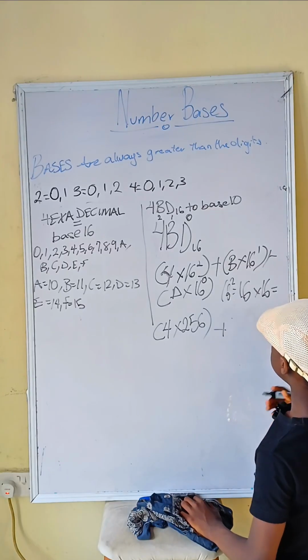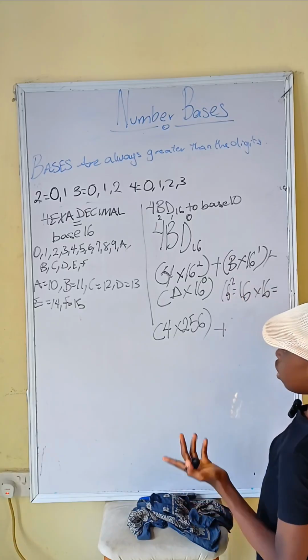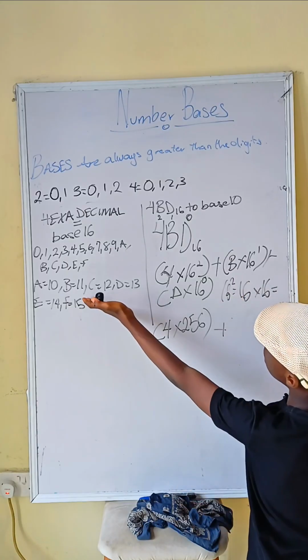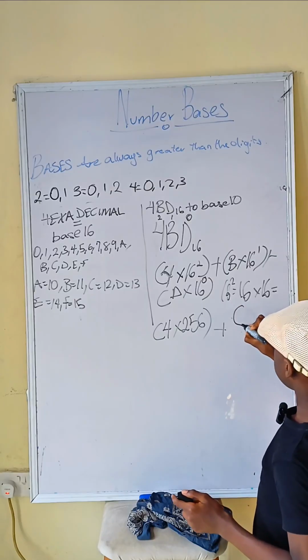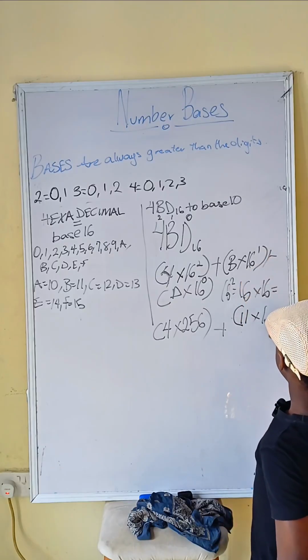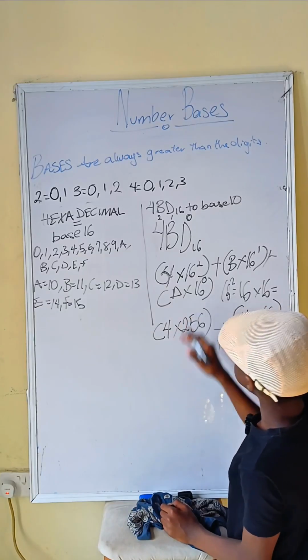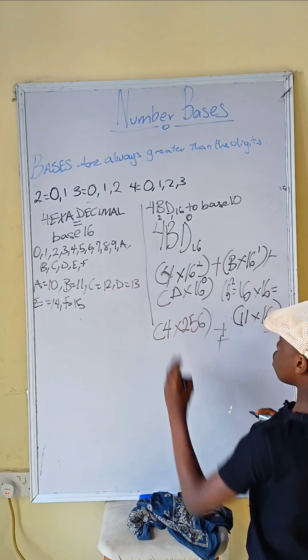It's the same thing as 16. What is B? B, from what we know here, is 11. So we write 11 times 16 in one place is 16. Plus D. D is 13.